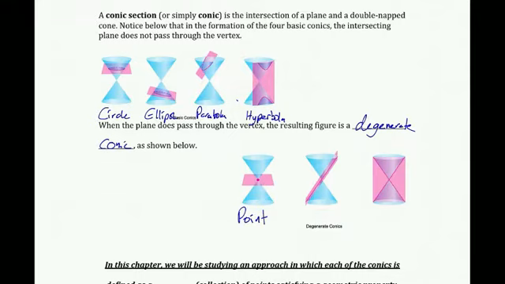Now, if it goes along the edges of the two cones through the vertex, that's going to form a line. In this case, since the cones end, you could argue it's a segment as well. And finally, if it cuts vertically in half through both cones, it's going to form two intersecting lines.